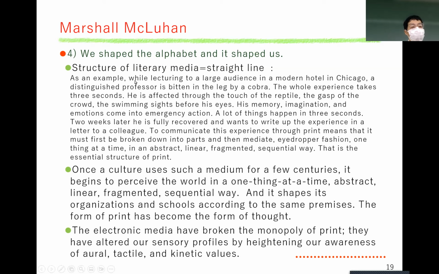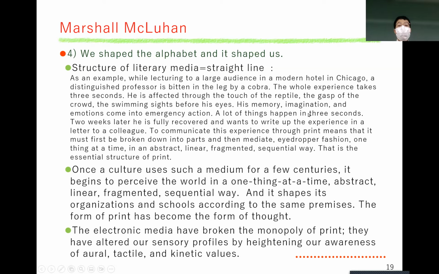As an example, while lecturing to a large audience in a modern hotel in Chicago, a distinguished professor is bitten in the leg by a cobra. The whole experience takes only 3 seconds, but he is affected through the touch of the reptile, the gasp of the crowd, the swinging sight before his eyes, and his memory, imagination, and emotion come into emergency action.